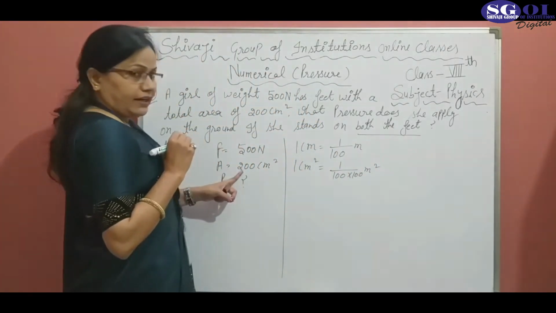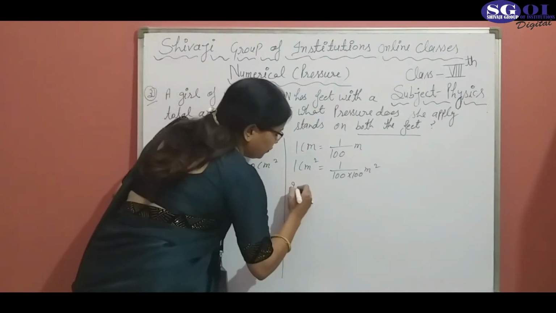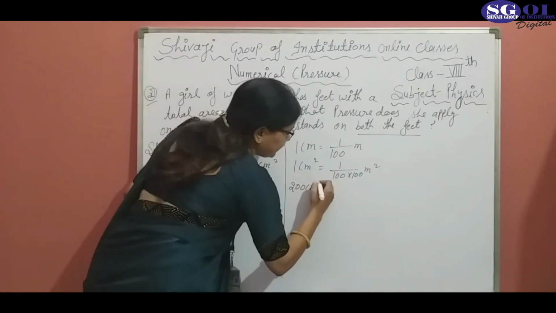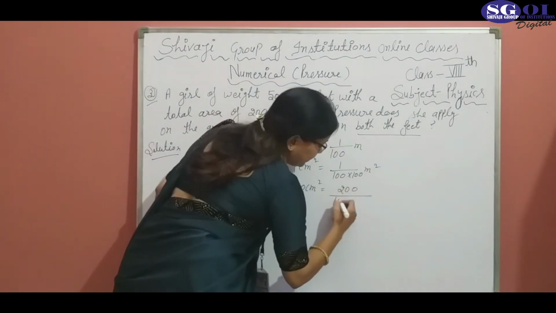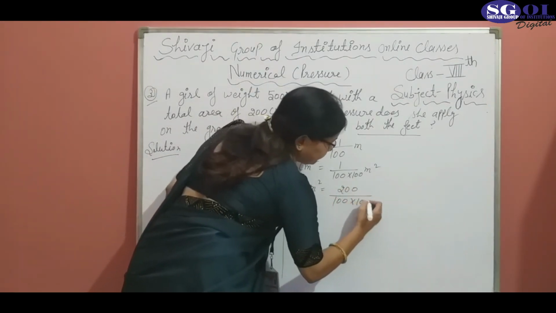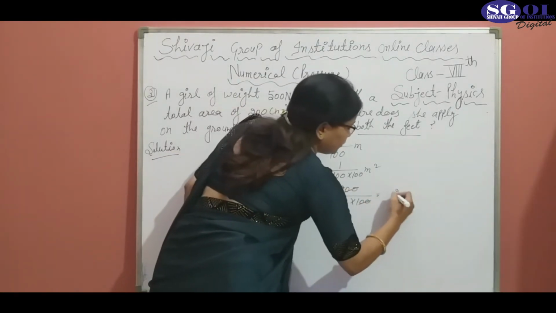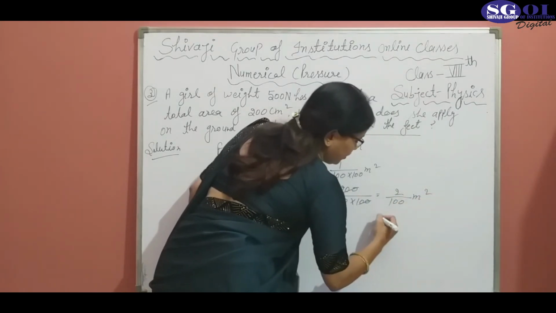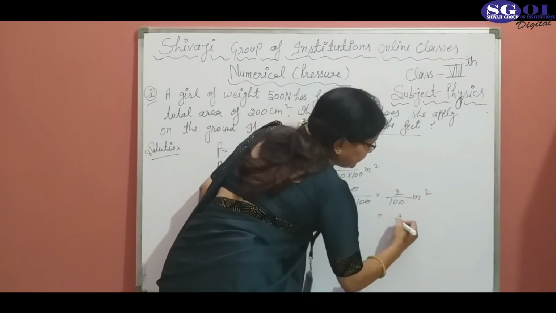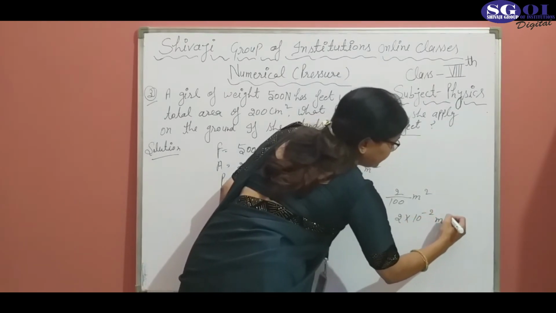So here area is 200 centimeter square, which equals 200 divided by 100 into 100, that is 2 divided by 100 meter square, or we can write it as 2 into 10 to the power minus 2 meter square.